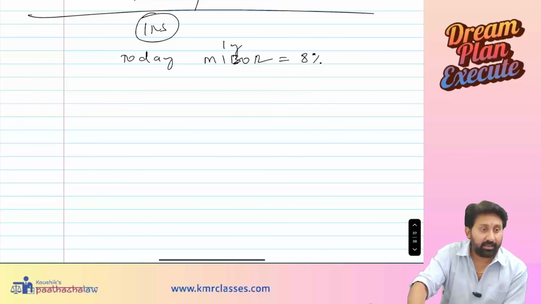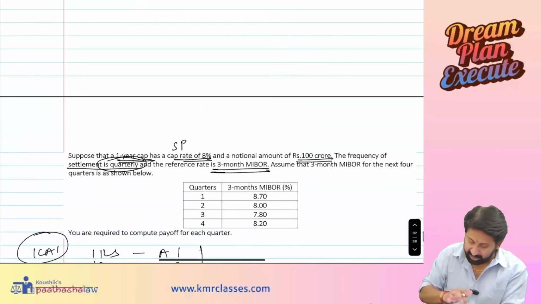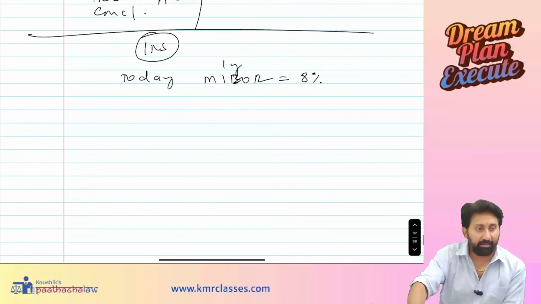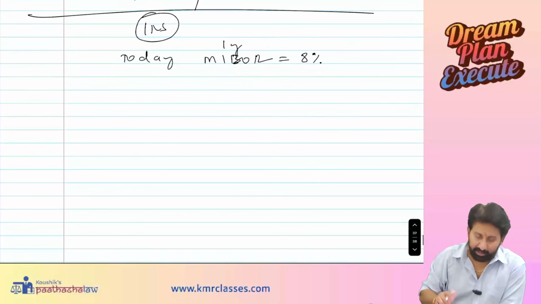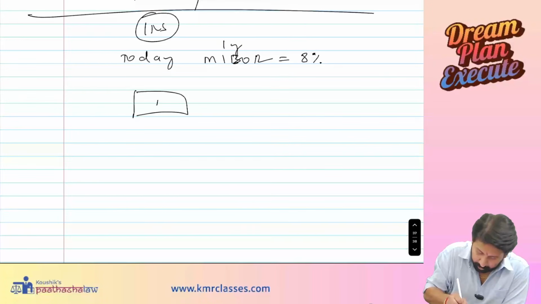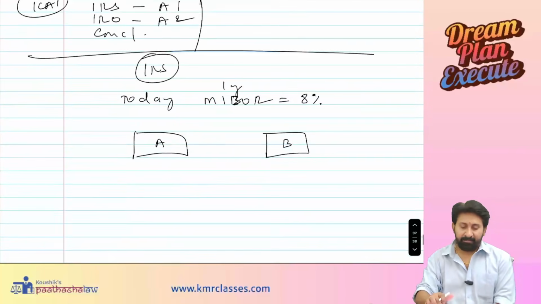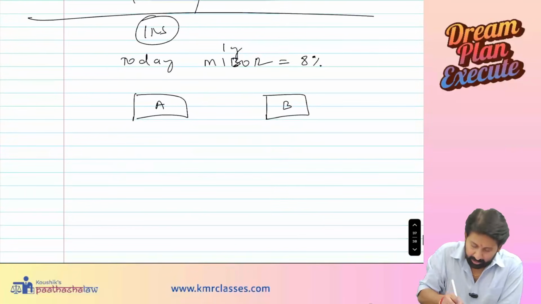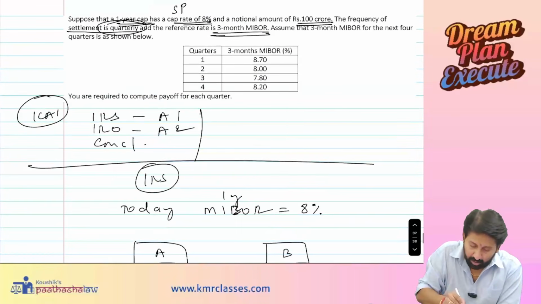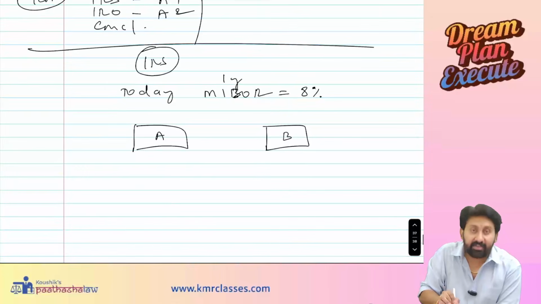Let us name the parties, since they did not give any name here. Okay, A and B. See here. A entered into an interest rate swap.